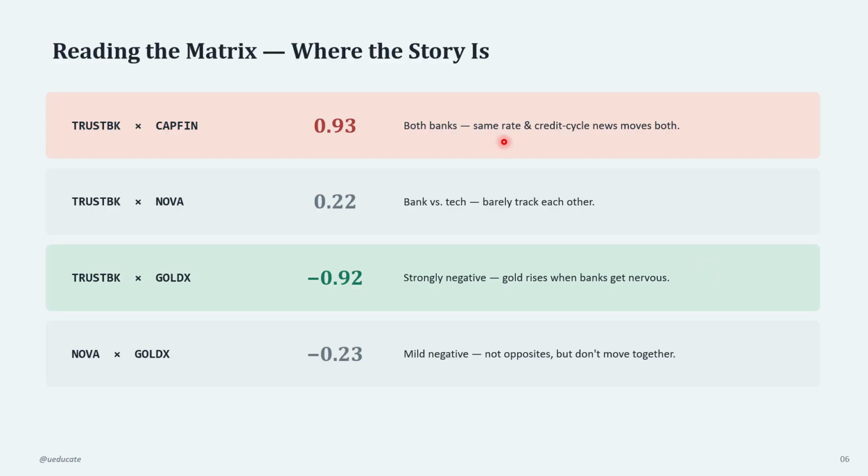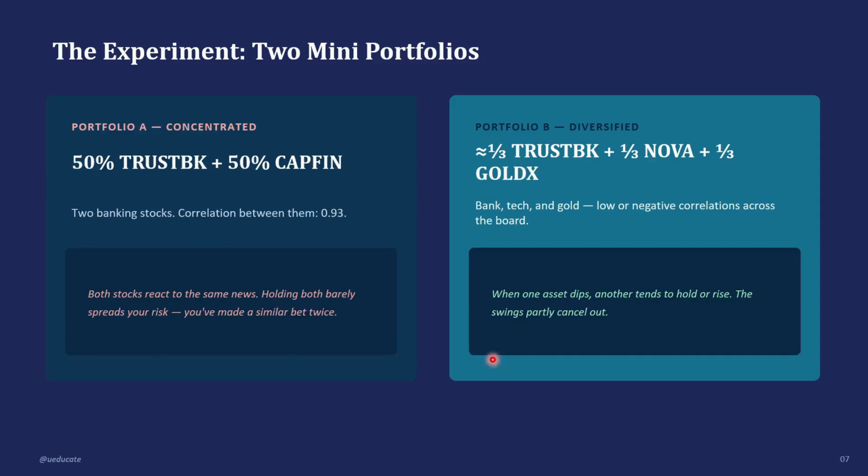Both banks share the same rate and credit cycle, so news moves both. Trust bank and Goldex are strongly negative: gold rises when banks get nervous. The growth tech and Goldex are mildly negative, not opposite, but they don't move together.